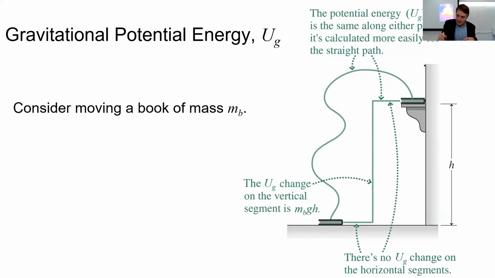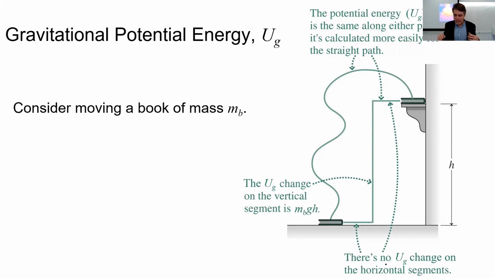But you don't change gravitational potential energy if you go sideways. And it doesn't matter what path you take the book on, this gravitational potential energy, the negative of the work done by gravity, will be the same on any of these paths.